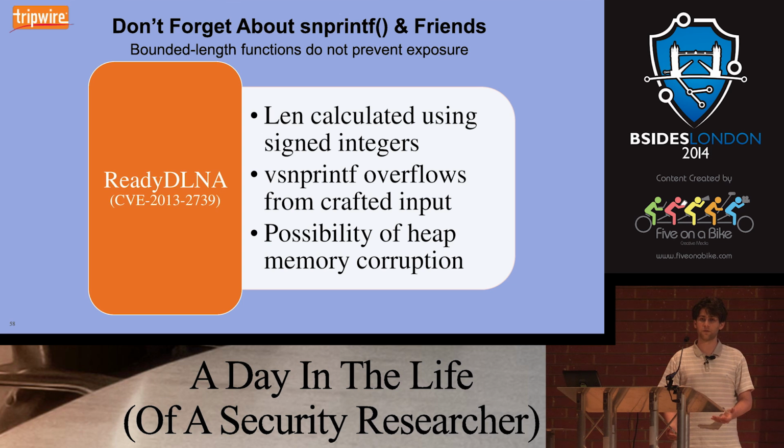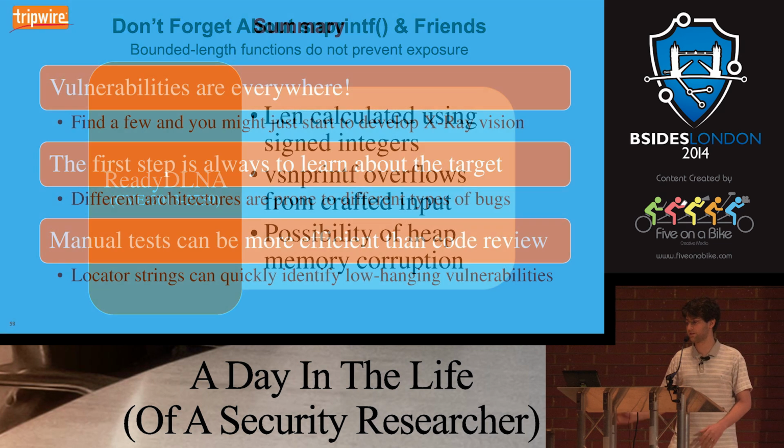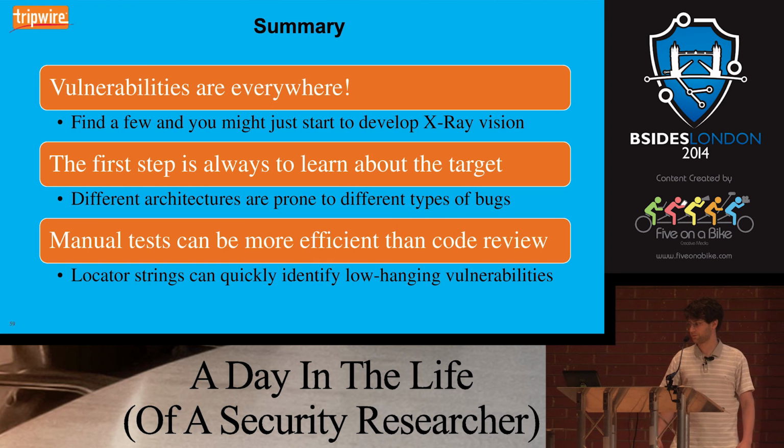And although it would take a bit of work in this particular context to get code execution, at a bare minimum, you have a denial of service attack from this. So, in summary, you've got vulnerabilities everywhere. All of the systems that we deal with are vulnerable in different ways, and when you start to train yourself to be able to look for these vulnerabilities, you're going to find them, and you're going to find lots of them.